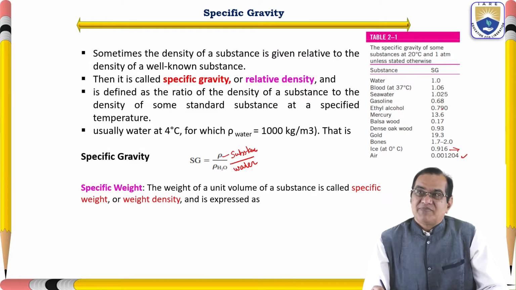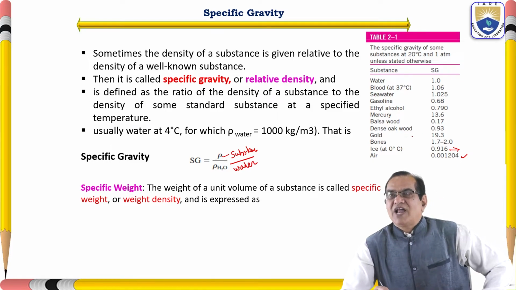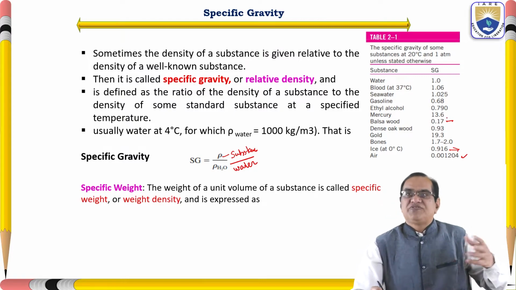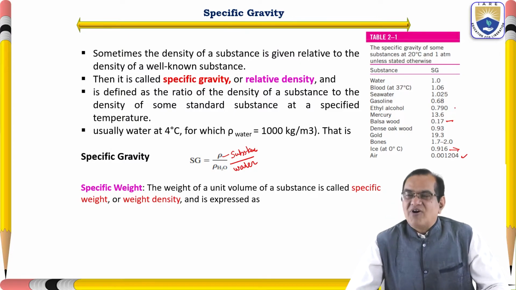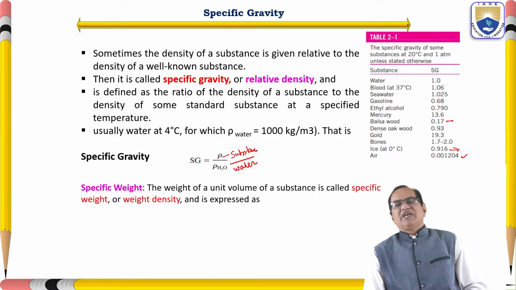Alcohol is some 11% lighter, and mercury is 13.6 times heavier. Balsa wood is very, very light compared to water, so it can float. Other wood also, but balsa is the lightest wood and very strong. So this we can use in aero modeling and other activities where we don't want much weight to be added.